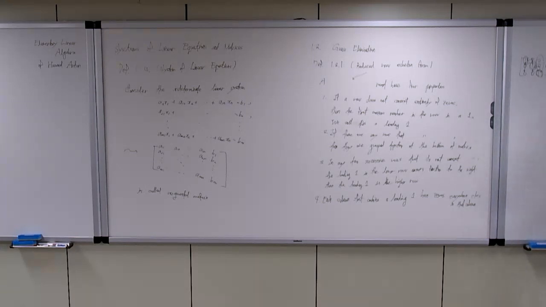So this form is also reduced row echelon form, and more generally, if I give another example, 1 0 0 0 0, and there is some number.